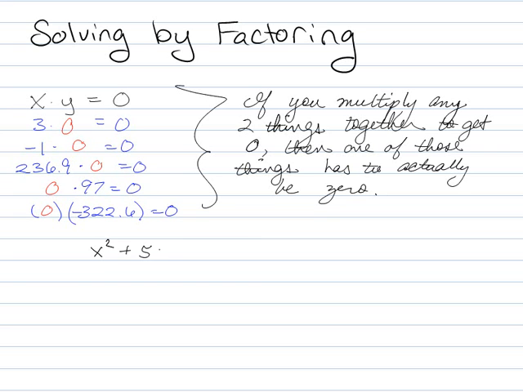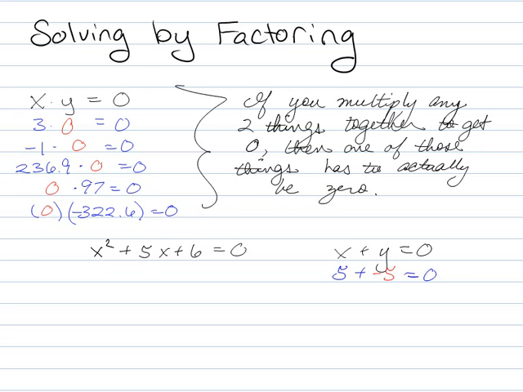So let's go back to that example I had up there a second ago, which was x squared plus 5x plus 6. Now this doesn't work with addition, right? If I say x plus y is 0, does that mean either x or y has to be 0? Well, no, that would just be silly. If x is 5, what is y?